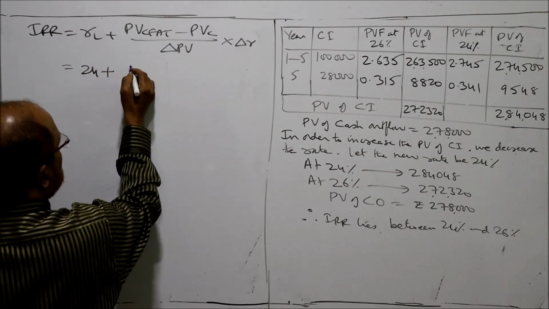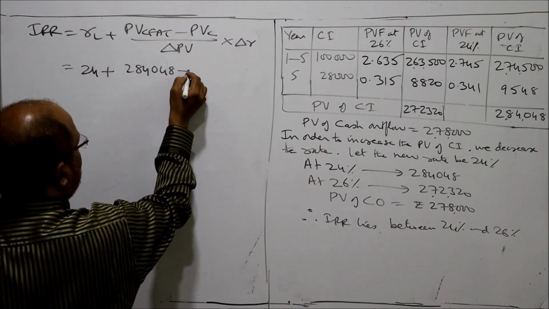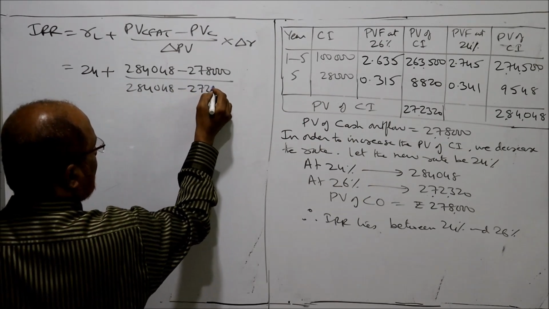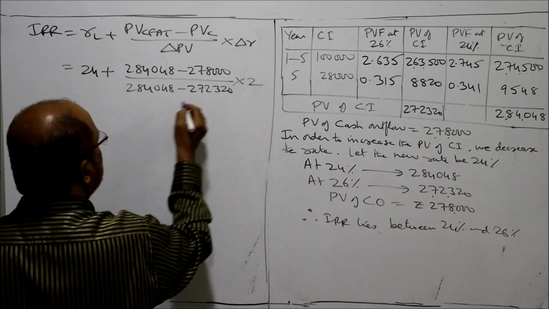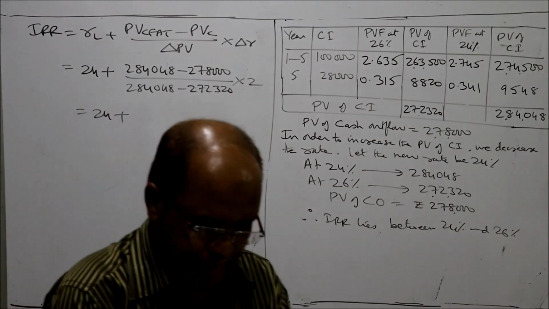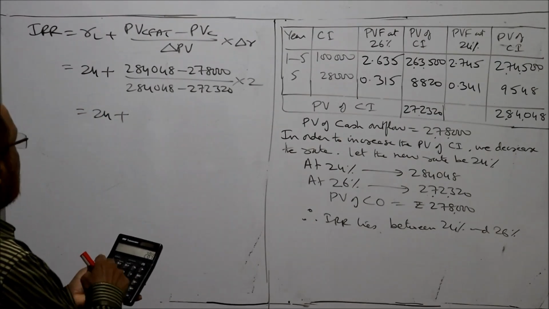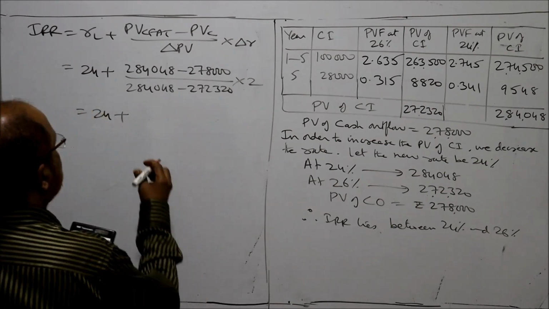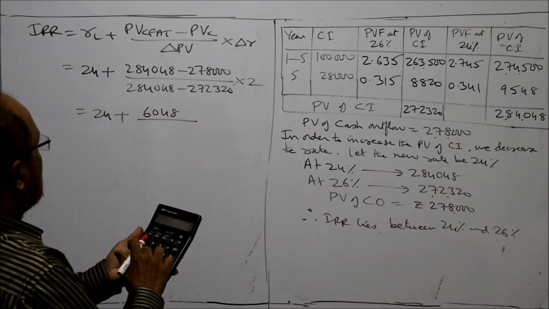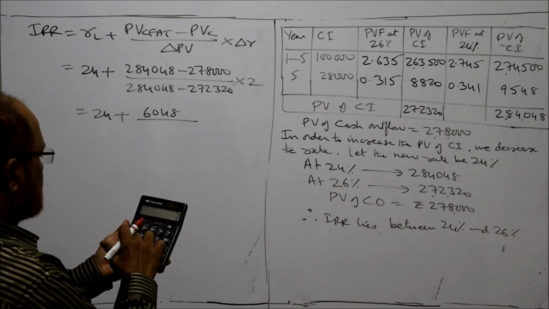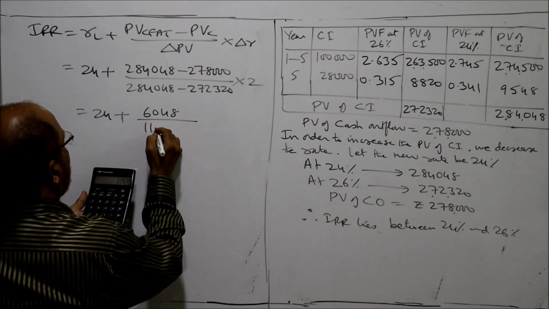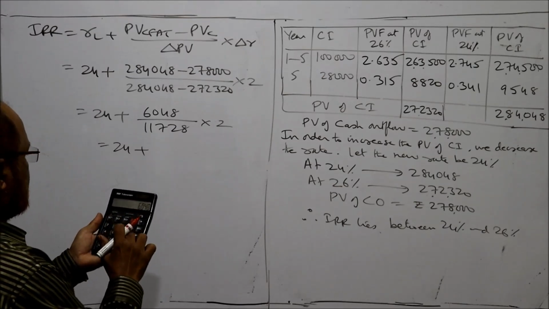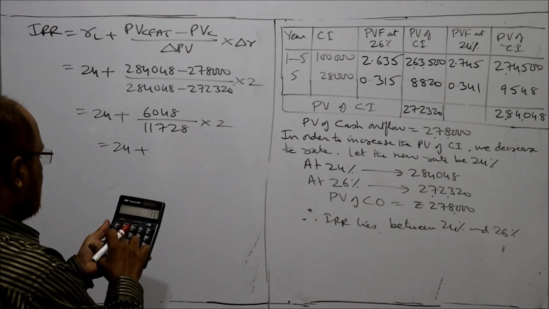24% plus: 2,84,048 minus 2,78,000 is 6,048. The difference between 2,84,048 and 2,72,320 is 11,728. So 6,048 into 2 divided by 11,728.